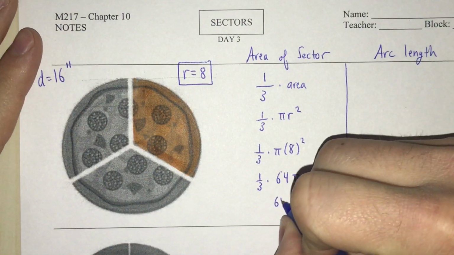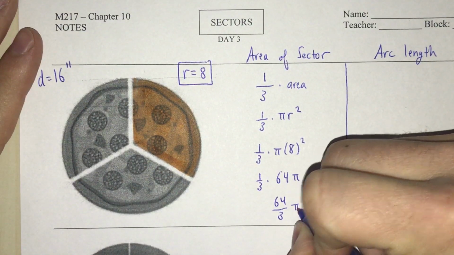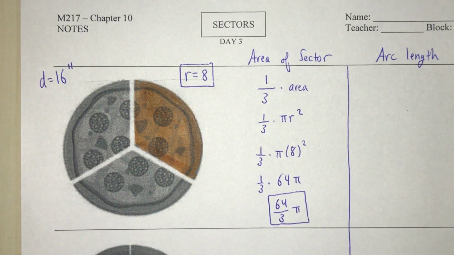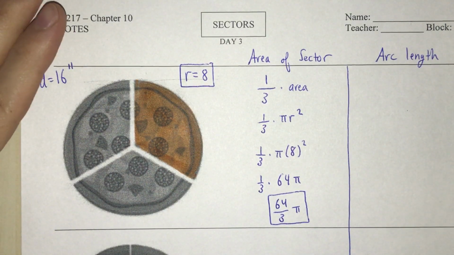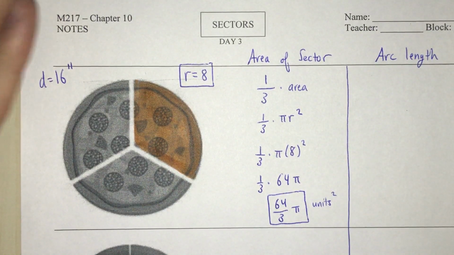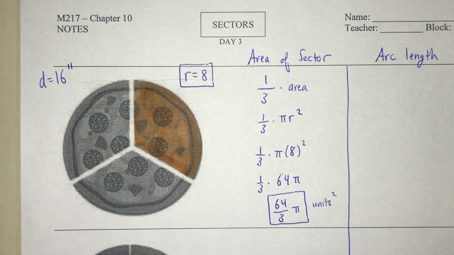This example will be 64 over 3 pi, and that is your area in square units. That's all you need. So this would be units squared, because we're talking about area. When you find the area of a sector, very basic: find the fraction of the total area, and you've got it. Beautiful, gorgeous, thought so.